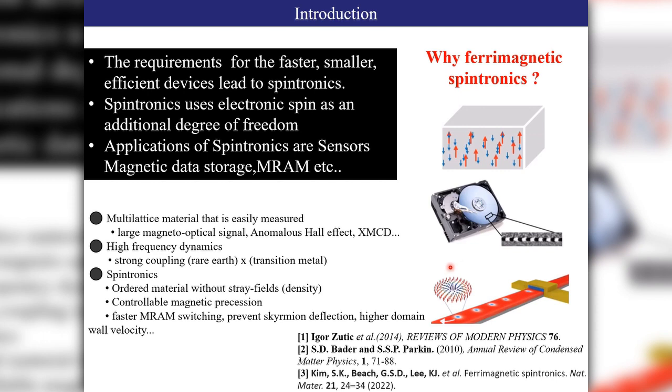And as you can control the angular momentum density, you can control the magnetic precession. This means we can build faster switching MRAMs, preventing other effects that come from magnetic precession, like the deflection of skyrmions moving in the domain wall, etc.